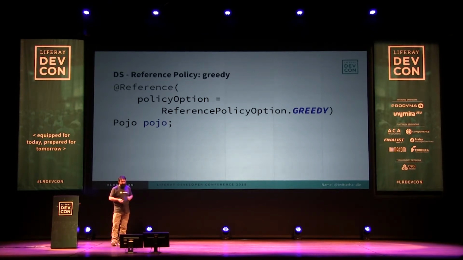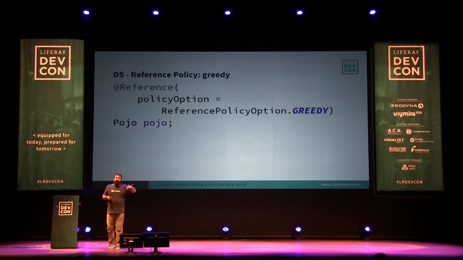So then, greediness. How many people who have used DS in anger have realized, a month after they wrote their code, that the reference policy is reluctant, which means that when they put a new service into the registry, the component that had a reference didn't see it? You might have tried to integrate with Liferay at one point, and you followed our documentation and said, oh, I want to create a new implementation of that URL parser thingy, and I want to deploy it, and it should just pick it up because that's how OSGi works.